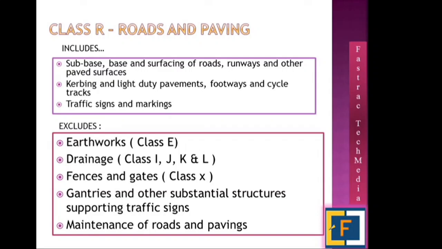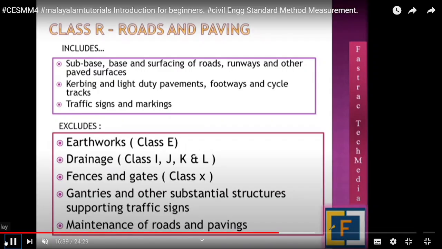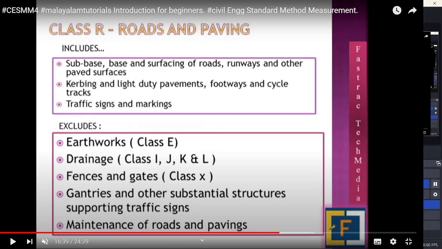Class R is another important one related to roadworks, and again we can see what is excluded. What is included? Even traffic signs and markings are included, but drainage is not included.